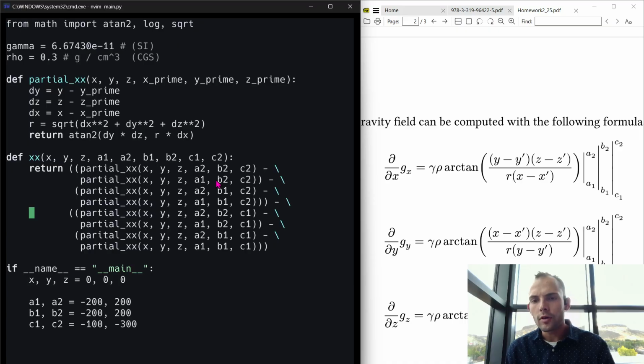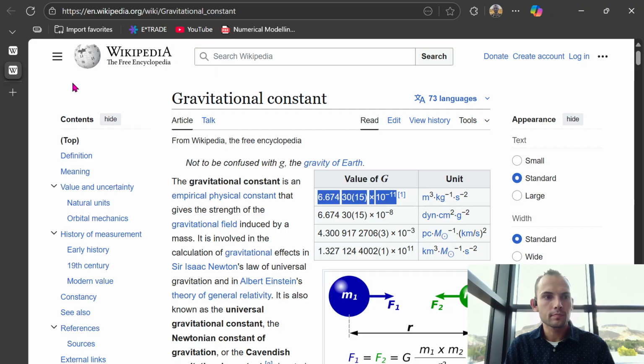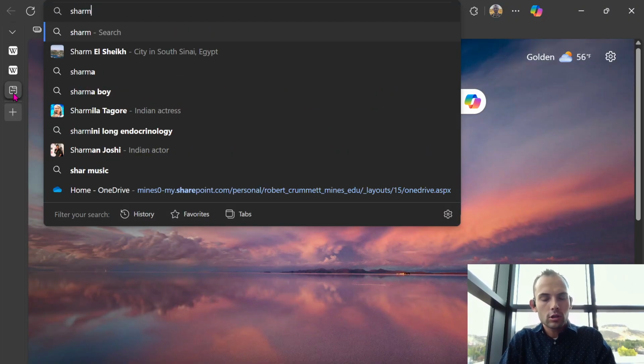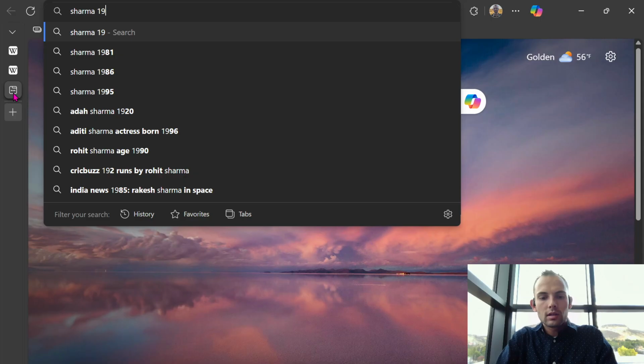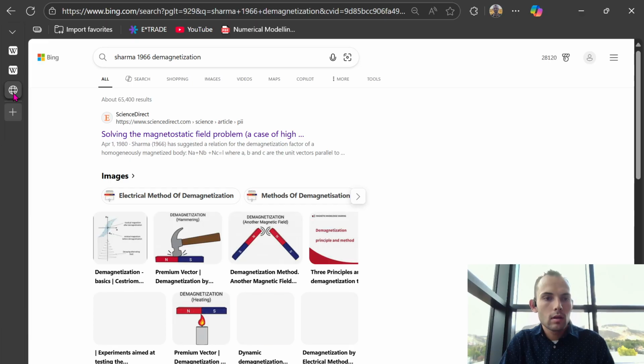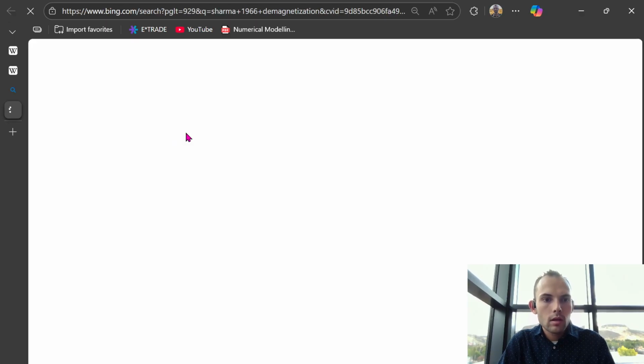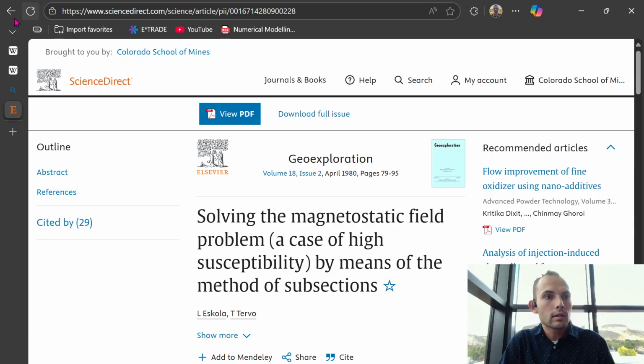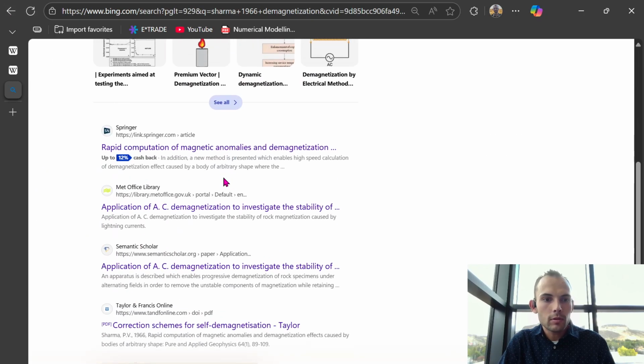I haven't read the papers on these formulas in a while, but you can find them in, let's go look up Sharma 1966. That's a famous paper too.